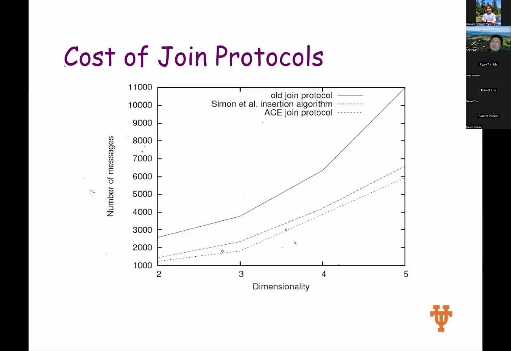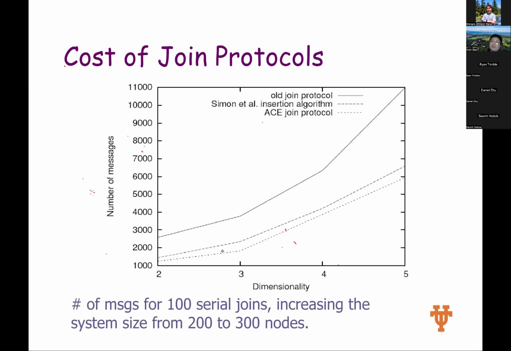So this is the join protocol, with the number of messages. We increase the size from 200 to 300, so 100 new serial joins.